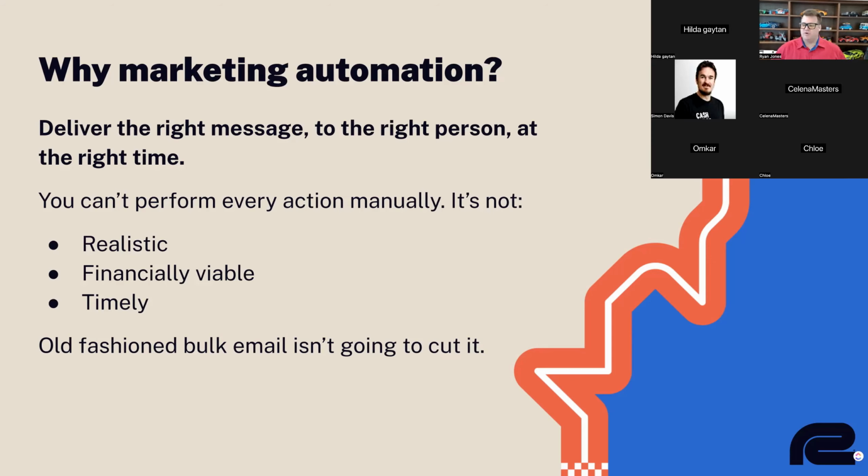And old-fashioned bulk email just doesn't cut it. Old-fashioned bulk email is a bit of a spray and pray type approach. Just hope for the best. It gets diminishing returns, it gets spam complaints. So we want to move on from that and move towards this personalization, which is what we can get by automating it.